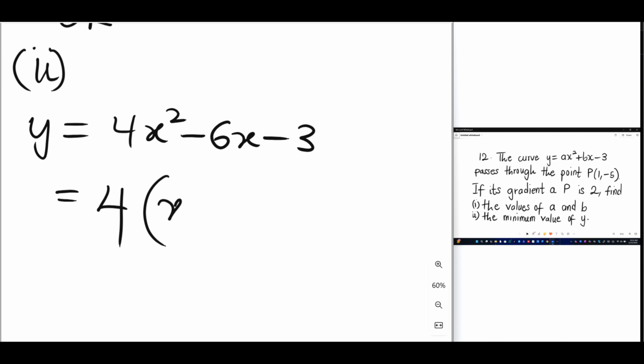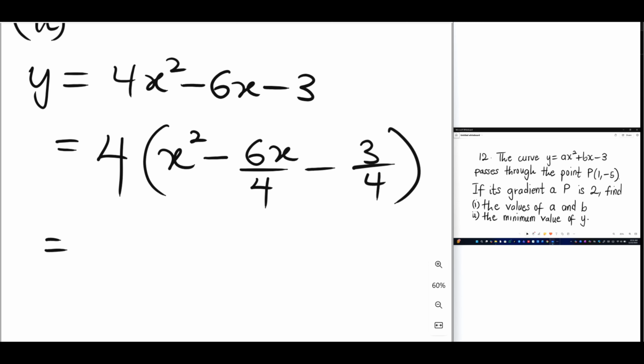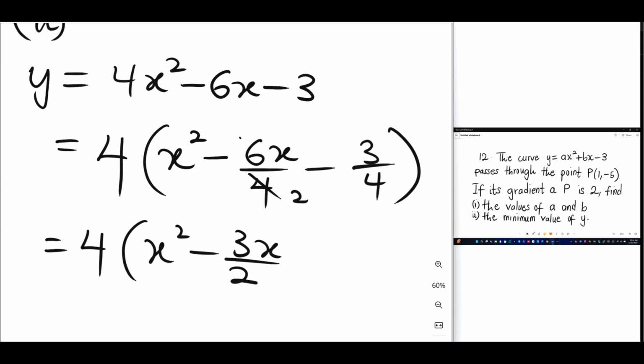So here will be x squared, and here will be 6x divided by 4. Then minus 3 also divided by 4. Okay. So we are going to get it to be 4 multiplying x squared minus 3x divided by 2, because 2 divides 4 we get 2, 2 divides 6 we get 3, all right?